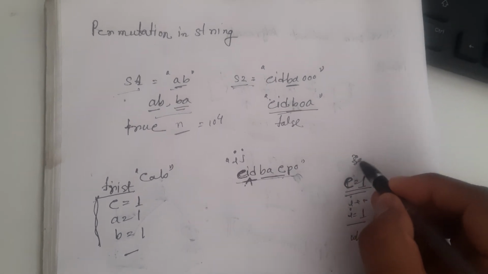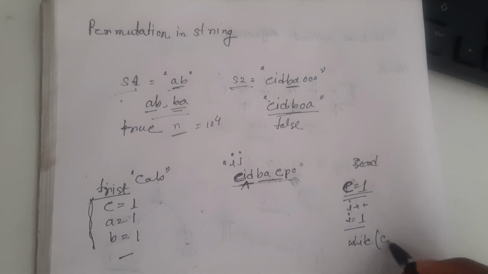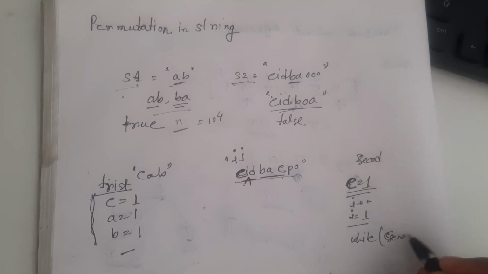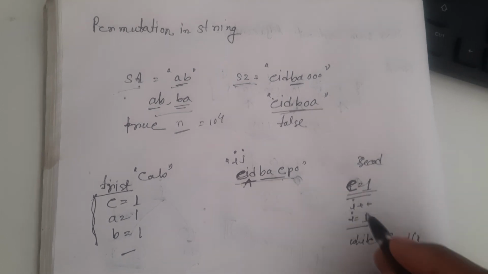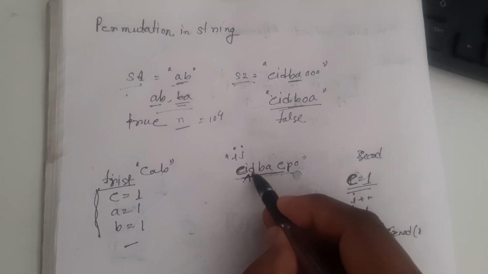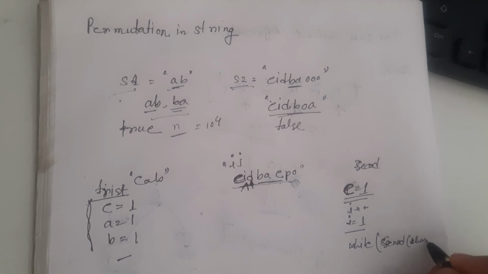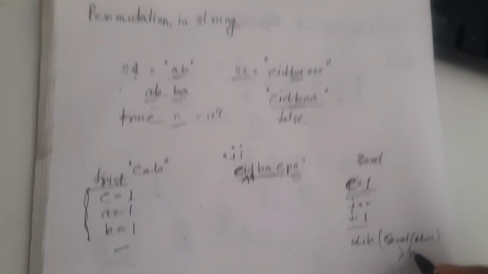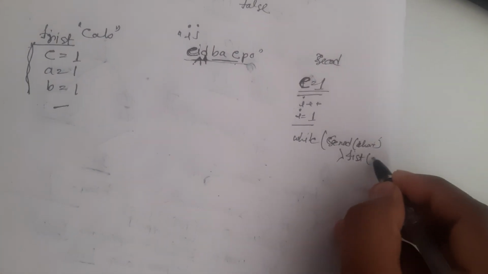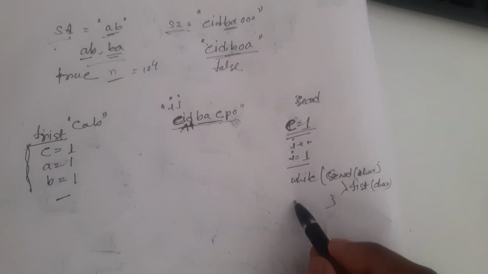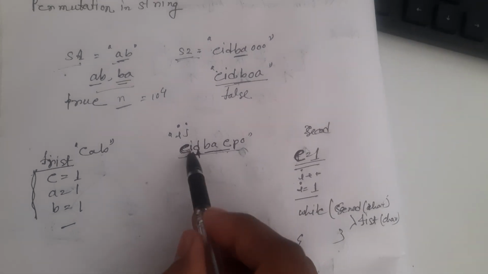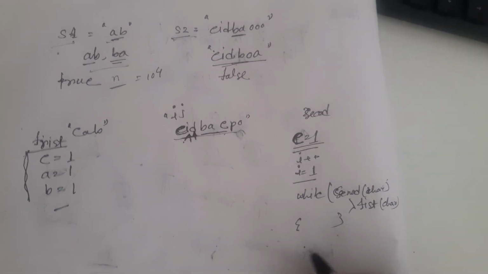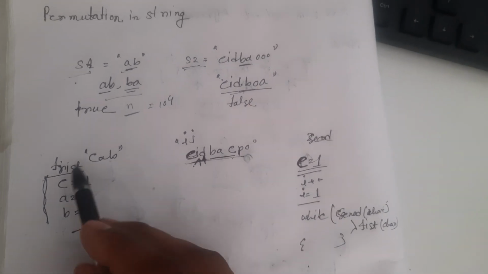If the second frequency of any character is greater than the first frequency of the same character, then while this condition continues, we need to remove that character, because it is not part of the string.